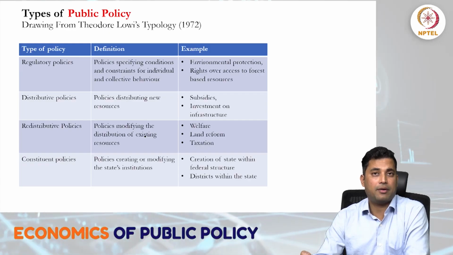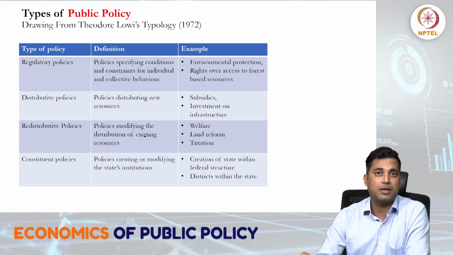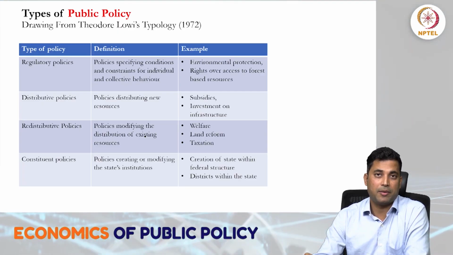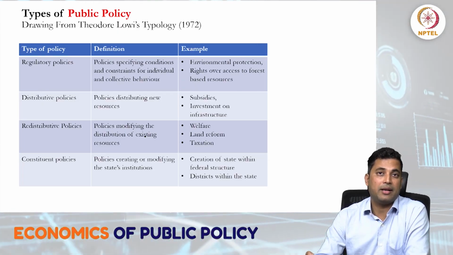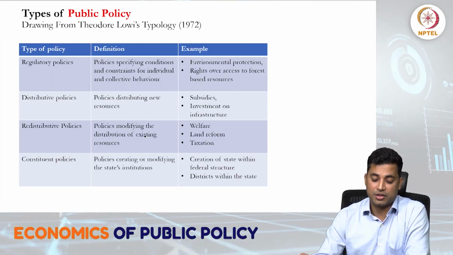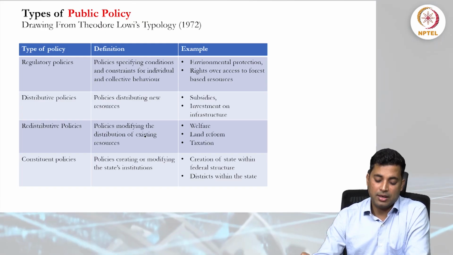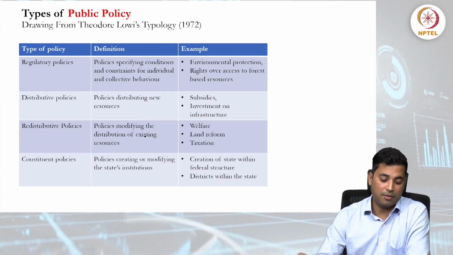So here welfare, for instance, food distribution, or policies related to food security, or say again the Mahatma Gandhi National Rural Employment Guarantee Act as a part of the social protection model within the broad welfare framework. And land ceiling can be considered as part of land reform.